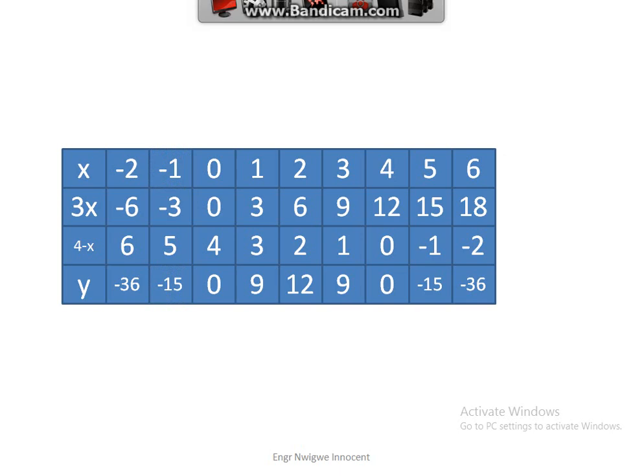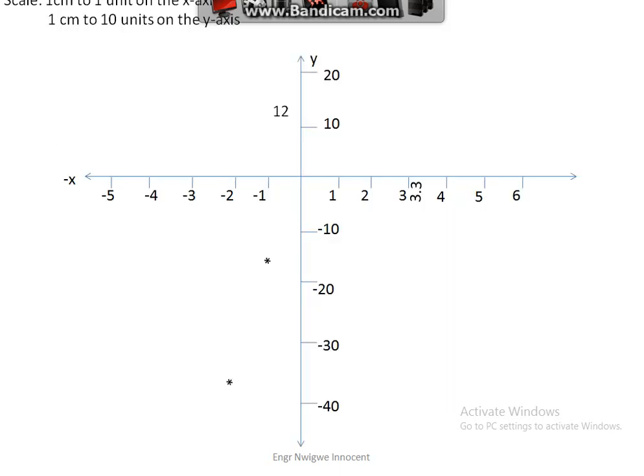Then you go to the left hand side of the graph and locate minus 1 and trace it downwards to intercept with the negative value of y, which is on the vertical axis. Then we now have minus 15, where the intercept is the location of that point.